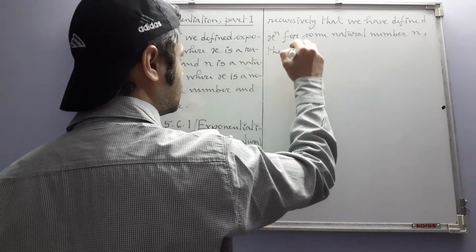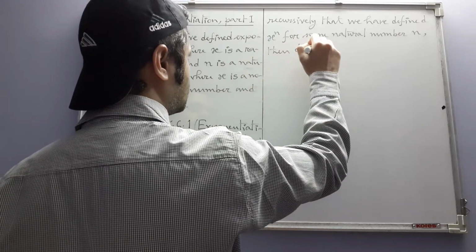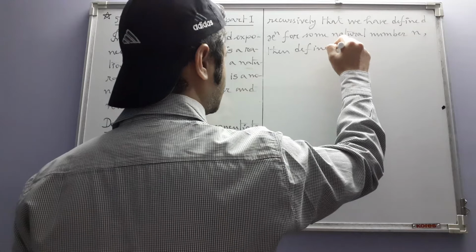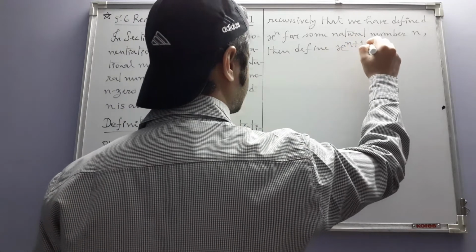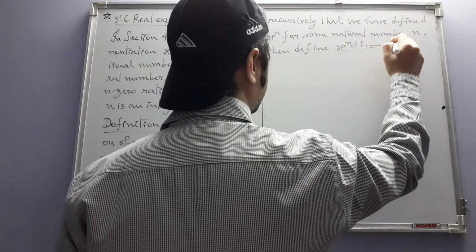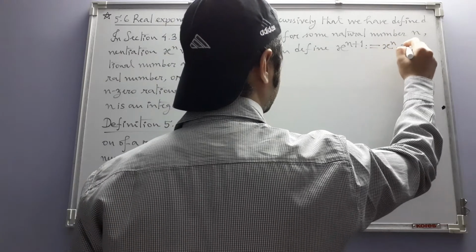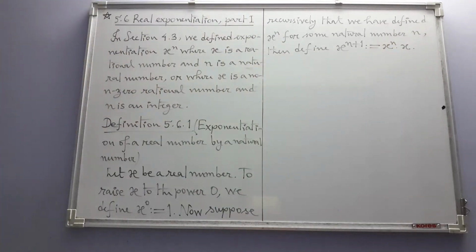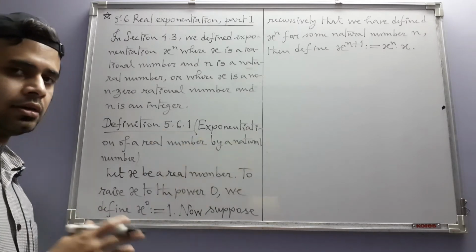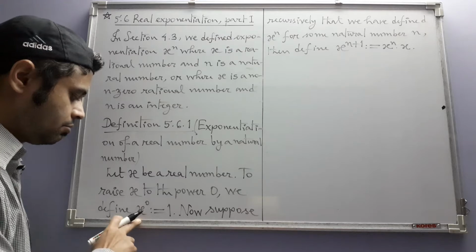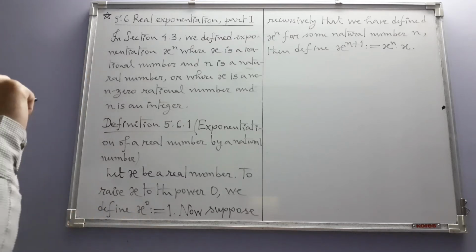Then define the next one, x to the power n plus 1, to be this product of x to the power n and x. So you can see that it's exactly like the one we had before when x was a rational number.